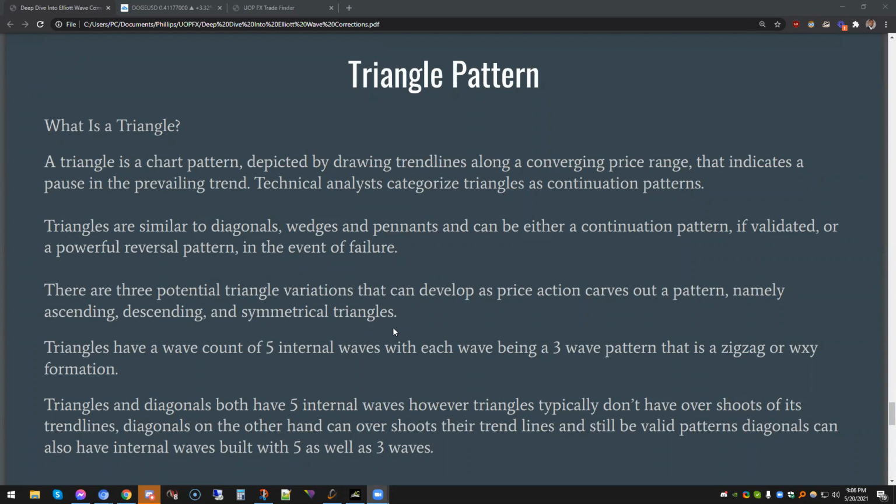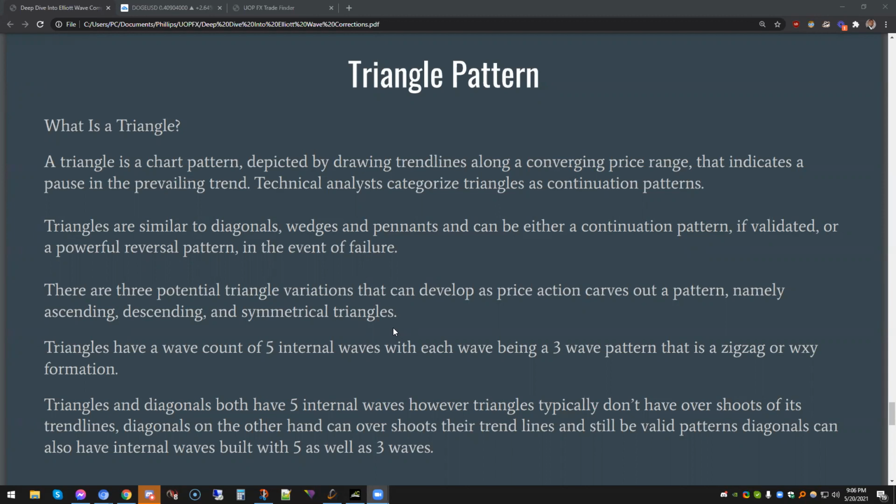So whenever the triangle pattern fails, it comes off as a very powerful reversal formation. Now, there are 3 potential triangle variations. These are namely ascending triangles, descending triangles, and symmetrical triangles.